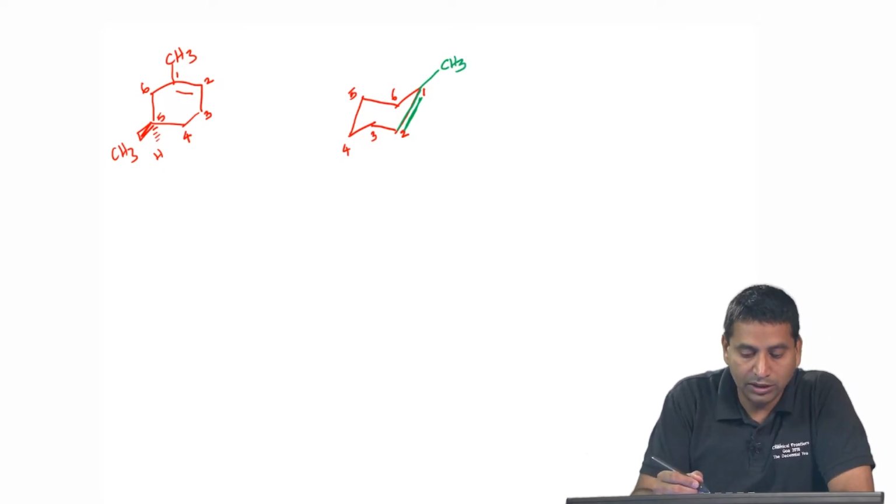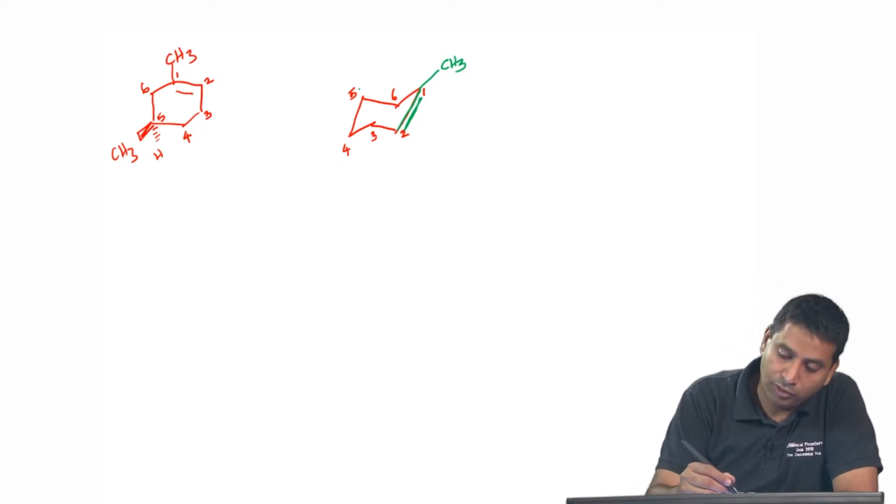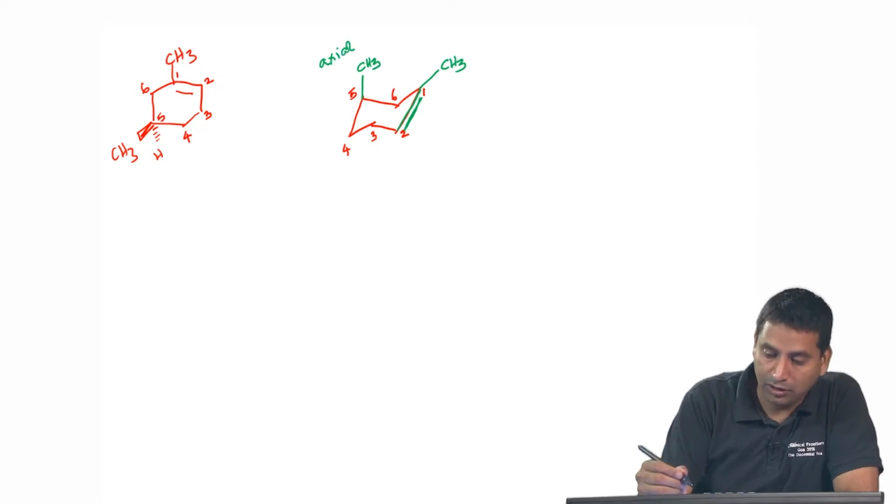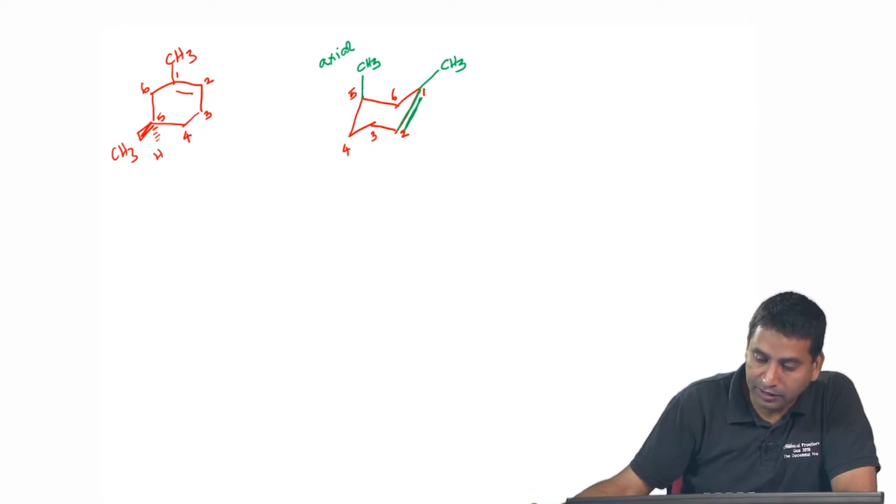Now, as we can see, there is a methyl group on carbon 5. There are two possibilities here. Methyl can be axial, or it can be equatorial.